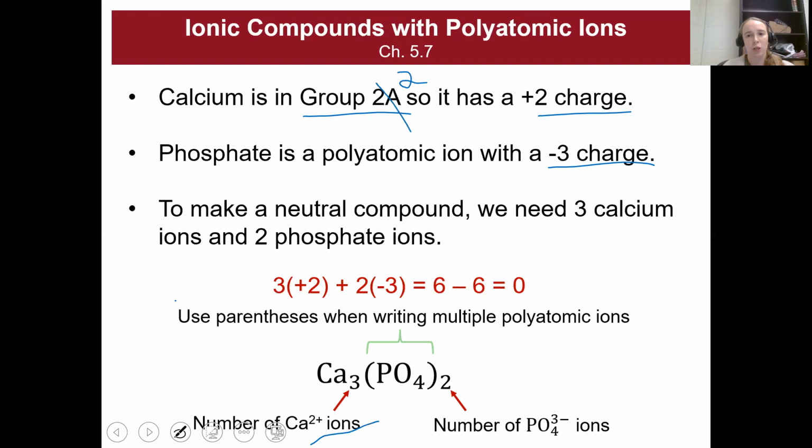Anywho, phosphate is a polyatomic ion with a -3 charge. To make the neutral compound, we need 3 calcium ions and 2 phosphate ions. So this is kind of the same thing that we did with the aluminum oxide, I think, in the ionic compounds slides.